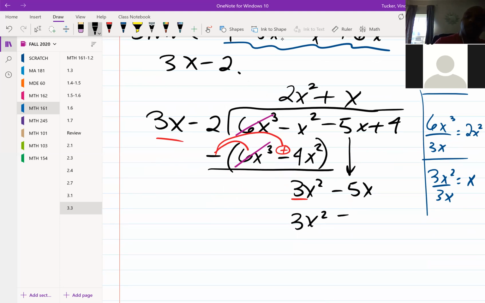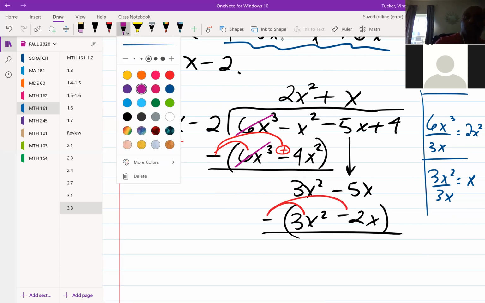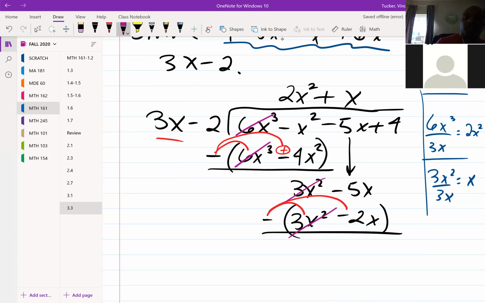X times negative 2 is negative 2x. Distribute. 3x squared cancels. Once again, negative to a negative turns positive. So negative 5x plus 2x is a negative 3x. Bring down the positive 4.